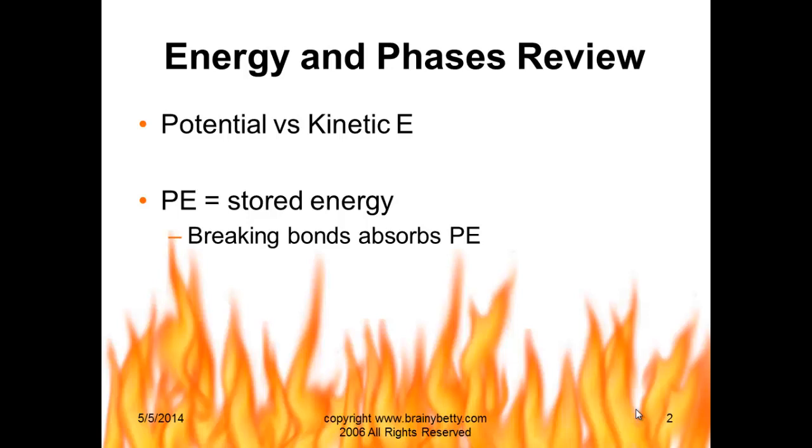And when we talk about energy being absorbed, we're saying potential energy, because that's energy that's involved in that chemical bond or being stored in that bond. When we talk about forming bonds, then we're talking about potential energy being released. All atoms bond to decrease their overall energy. So when they form bonds, potential energy is then released.